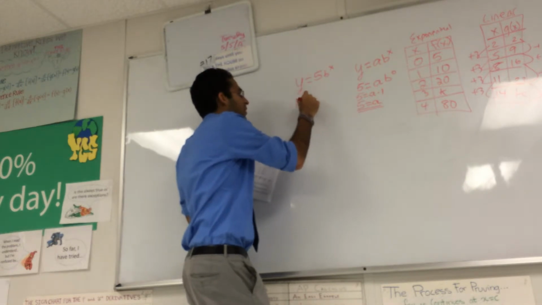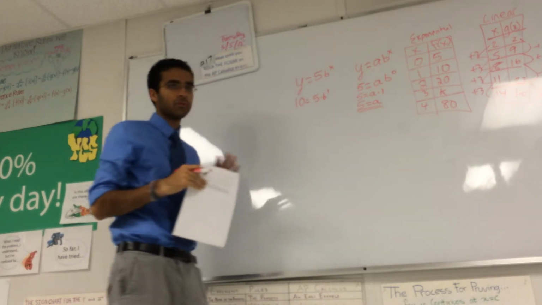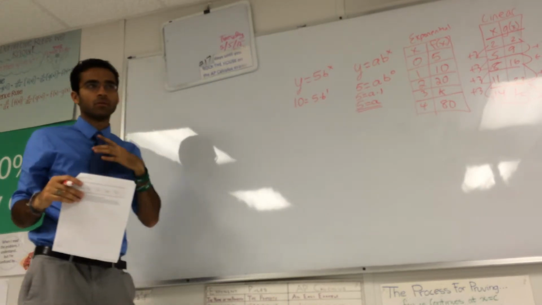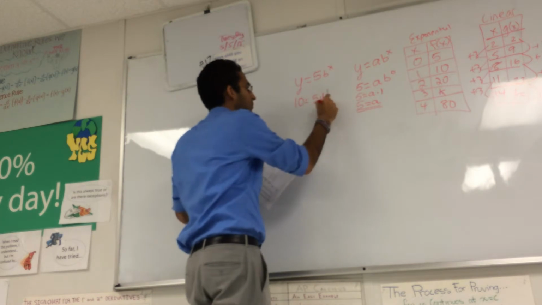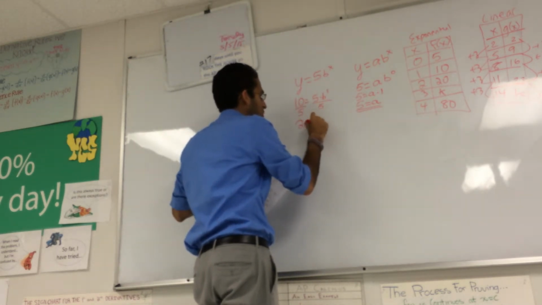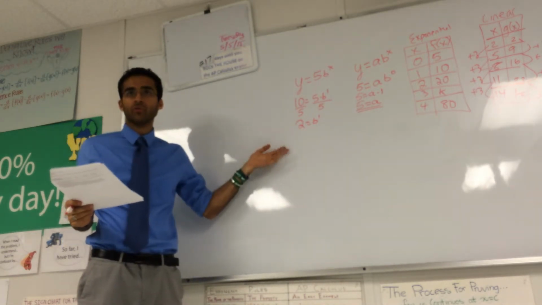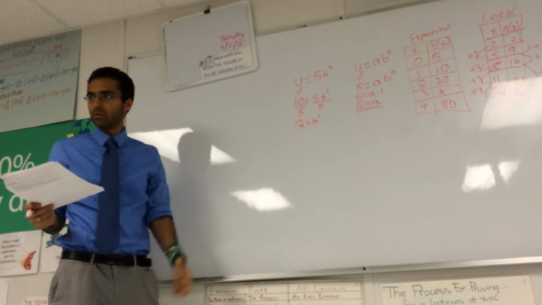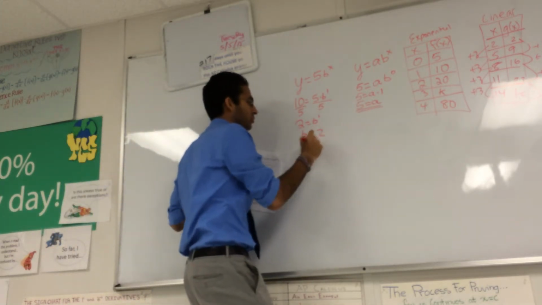So 10 must equal 5 times b to the first power. Divide both sides by 5. 2 equals b to the first power. So what number raised to the first power equals 2? Must be 2. So b equals 2.